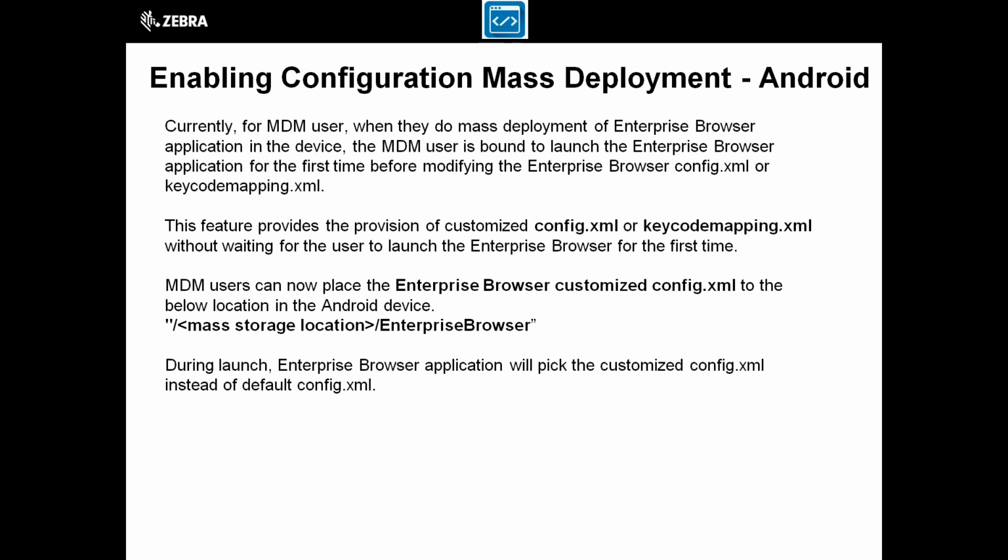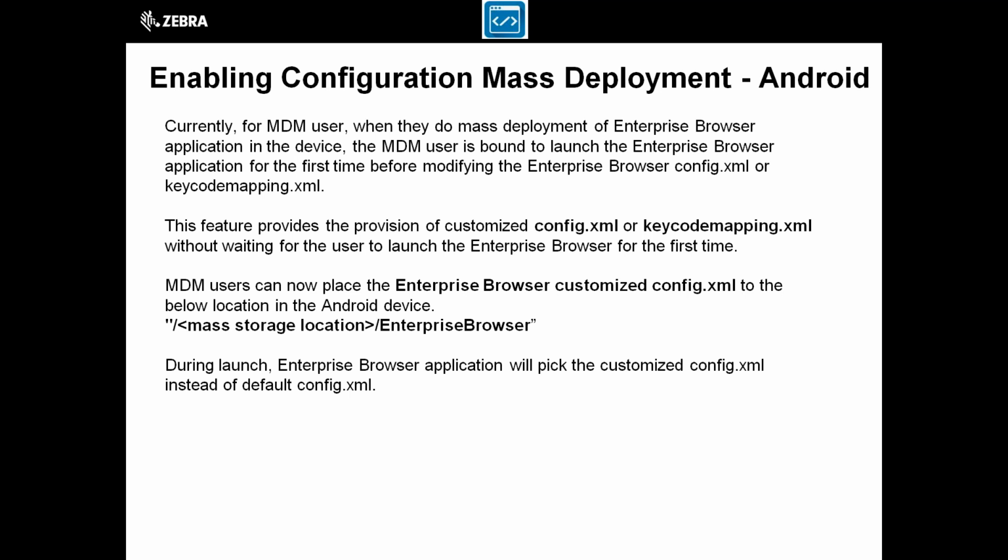Then we have another feature called enabling configuration mass deployment on the Android platform. Earlier, when the user was doing mass deployment in the Enterprise Browser application, there were extra steps required.